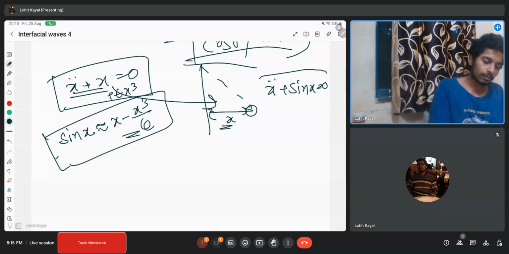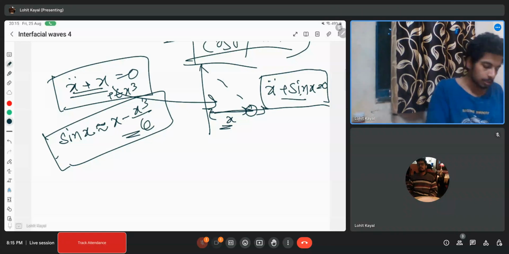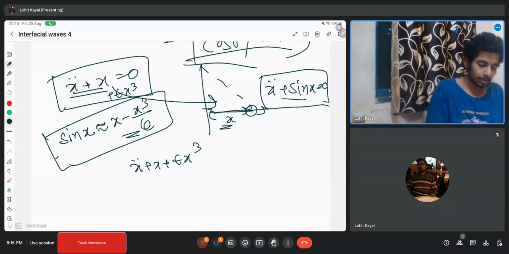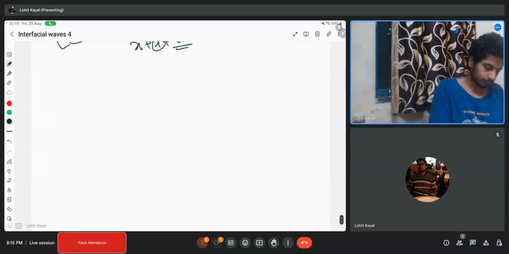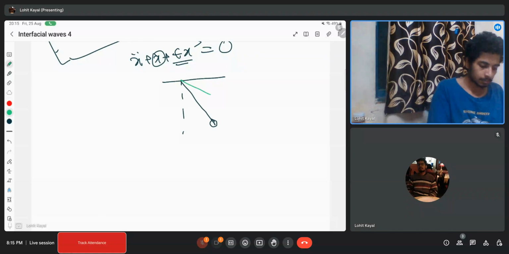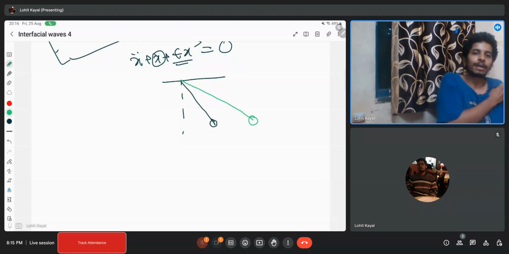So this equation is true for small x. But adding a term, x double dot plus x plus epsilon x cube equal to 0, indicates that your x is no longer small. Your x is large. So this is your pendulum for small x, and this is your pendulum for large x. You can try it yourself.